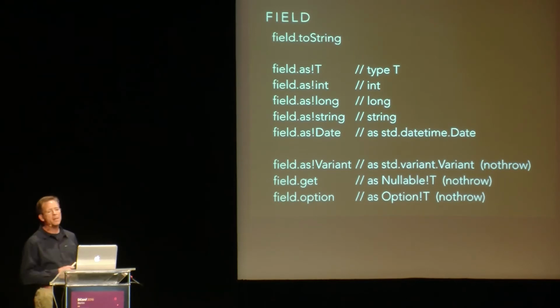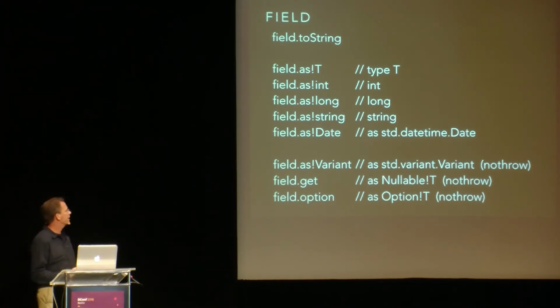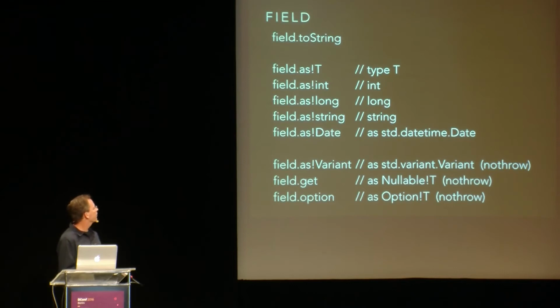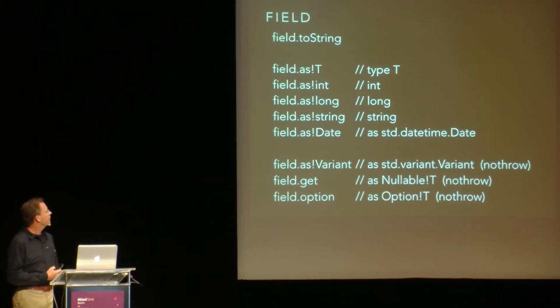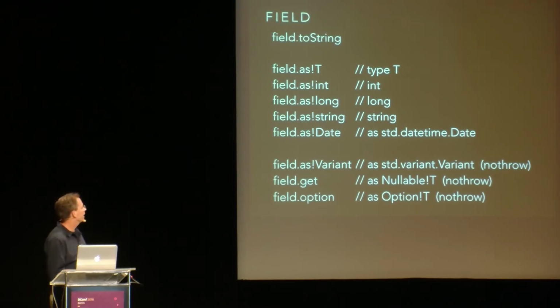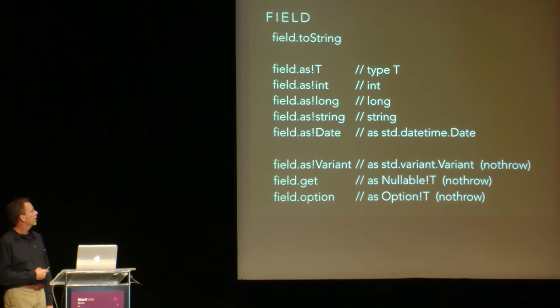That may be okay depending on your context, but there's another set of calls that you can use if you're expecting that and you want a nicer way of handling it. You can ask for a variant, which is standard variant. If you say field.get, you'll get a nullable T. Or you can say field.option, which is option T.